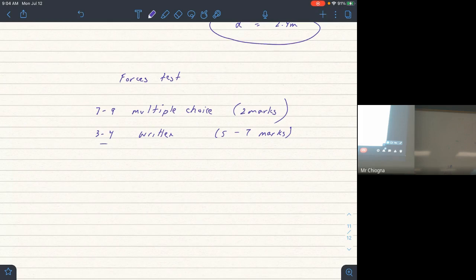Just state them. I'm not even asking for examples, just state the 3 laws. So that's definitely going to be on there, worth about 6 marks. I can't give you the mark breakdown definitively, but about 6 marks.